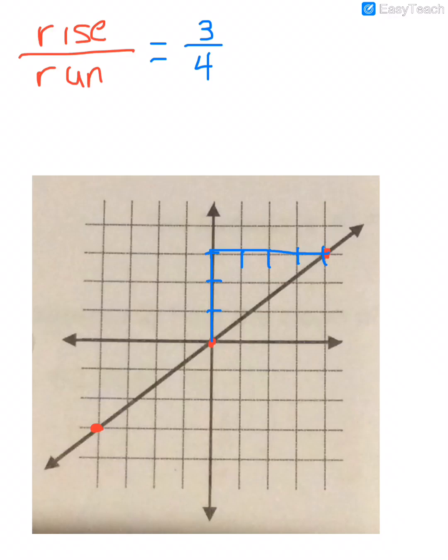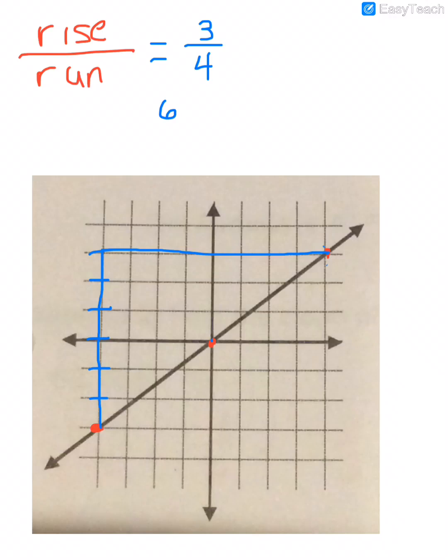If I went from the very bottom point to the very top point, let's see what would happen. That would be 1, 2, 3, 4, 5, 6.